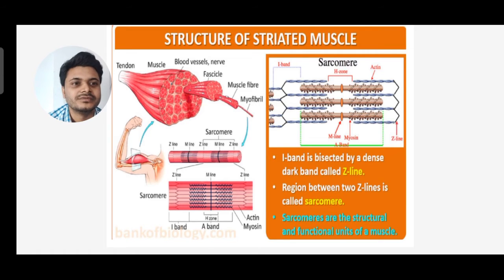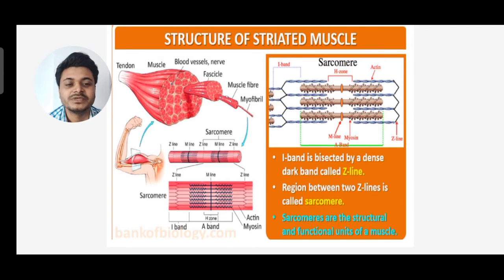The region between two Z lines is called a sarcomere, and the sarcomere is the structural and functional unit of muscle.